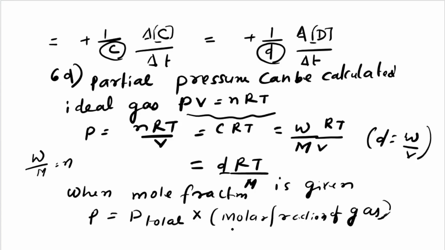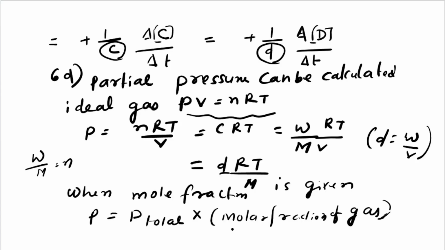P total means total pressure. So P total into molar fraction of gas. Again P can be calculated by nRT by V. Instead of n you can put W by M, and instead of W by V you can put d. This is the last equation.